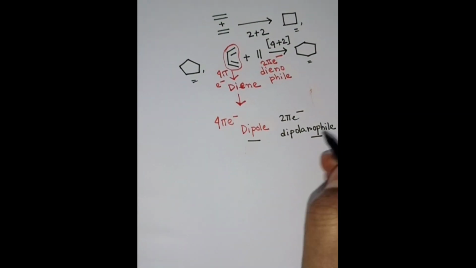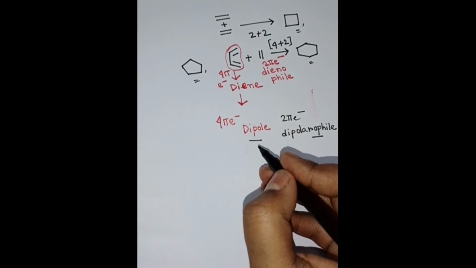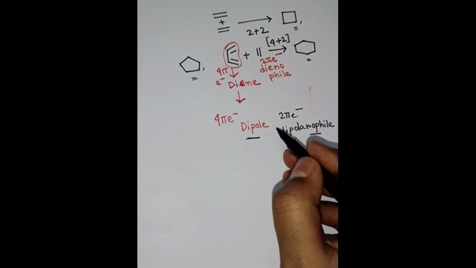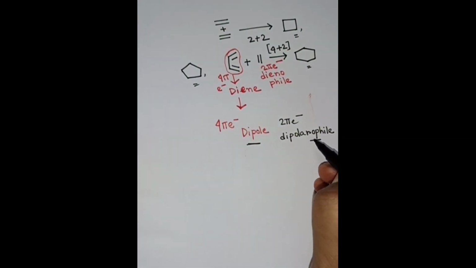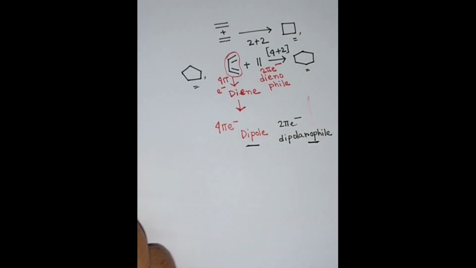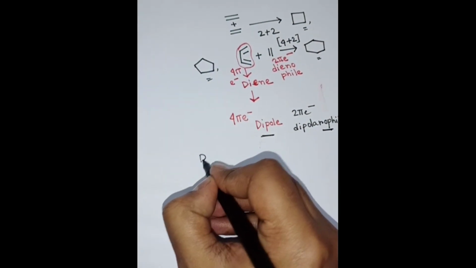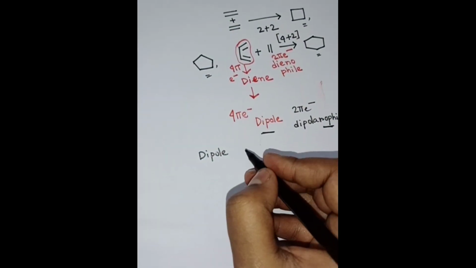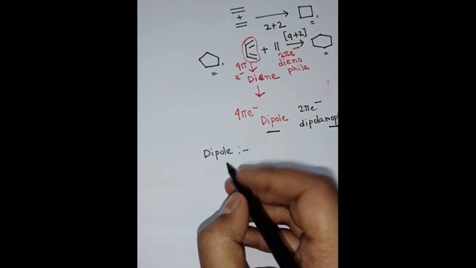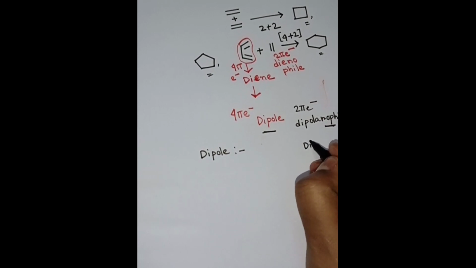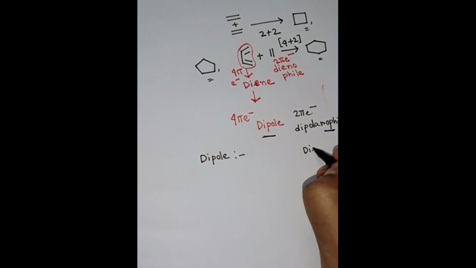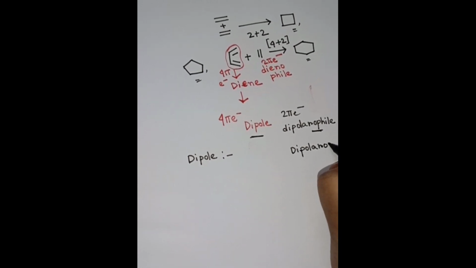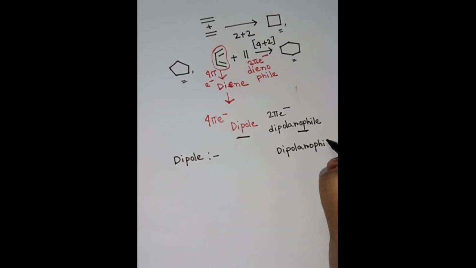Now I will tell the examples that are widely used in this 1,3-dipolar cycloaddition reaction as reagents. Here I am writing the dipole, and here I will write the dipolarophile.